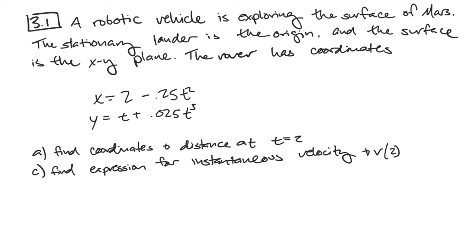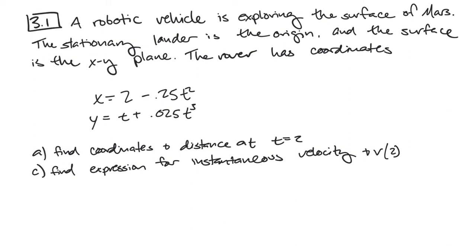The rover has coordinates x equals 2 minus 0.25 t squared and y equals t plus 0.025 t to the third. Question A is find coordinates and distance at t equals 2. Part B we're skipping because it's going to be long and tedious and not helpful. Part C says find the expression for instantaneous velocity and find the velocity at time equals 2.